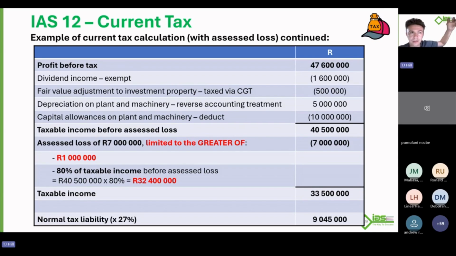Are you with me on that thought process? At the end of 2024, I had an asset of 7 million times 27% because my tax is going to be chopped by that amount. So should I not then recognize an asset, a tax asset, in fact, a deferred tax asset for the 7 million?